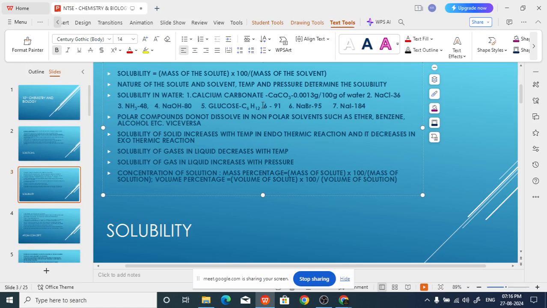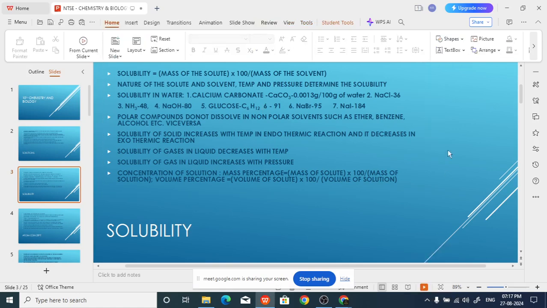Solubility of gases in liquid decreases with temperature, and increases with pressure. Concentration of solution: mass percentage is equal to mass of solute into 100 by mass of solution. Volume percentage is equal to volume of solute into 100 by volume of solution.